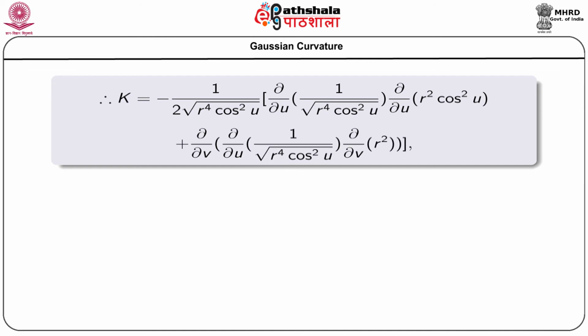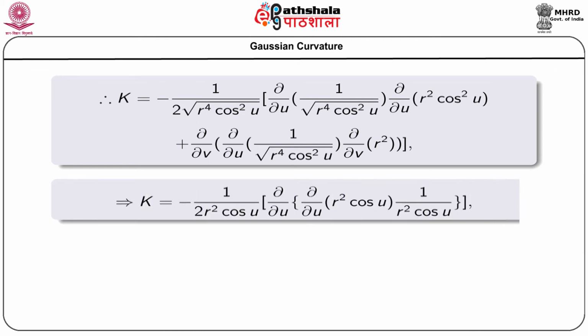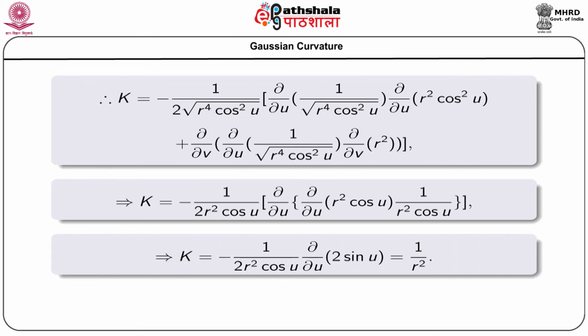Now, if we just calculate the partial derivatives and put in the values, we get this one, and after simplifying we get the value of K equals 1 by r square.